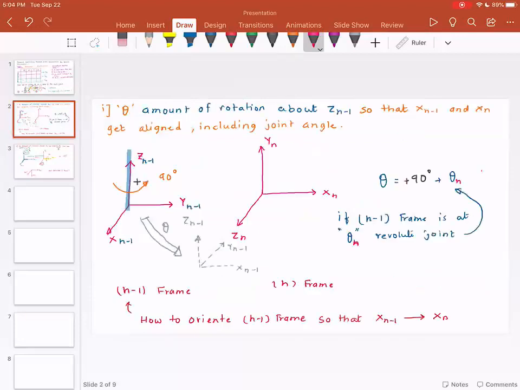Okay, once again, if you look at the first rule, theta, the theta is found out by rotating n minus 1 frame. And n minus 1 frame is rotated about Zn minus 1.